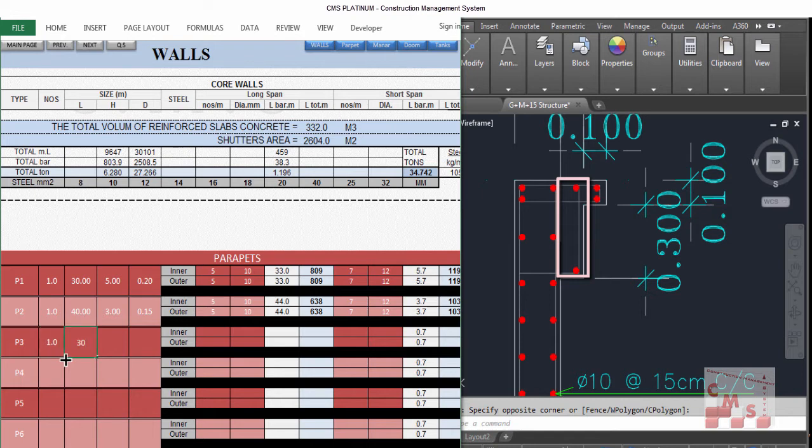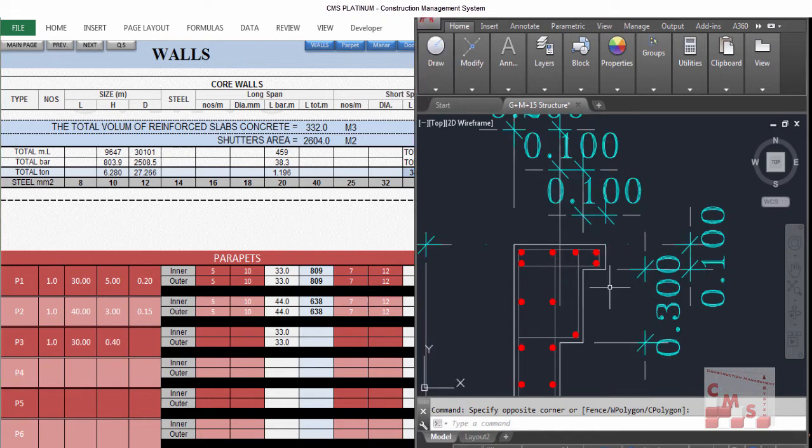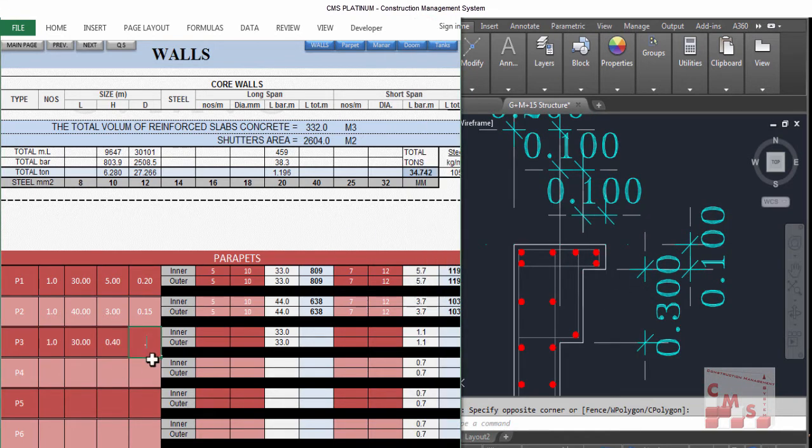The height, as mentioned here, can be considered 40 cm. The width is 10 centimeter, so it will also be 0.1. We can also take the small projection the same way, one piece 30 meter and 10 centimeter height and 10 centimeter width.